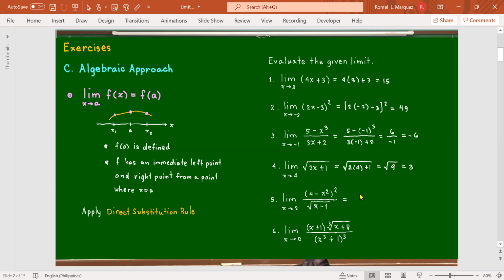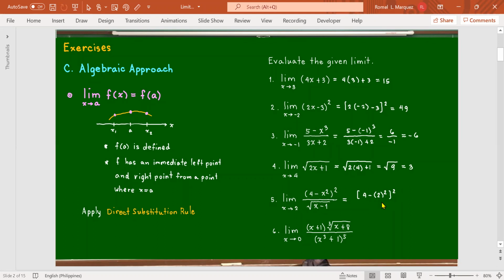So we have, by direct substitution, 4 minus 2 squared, quantity squared. Okay?